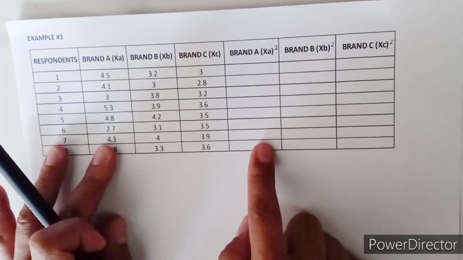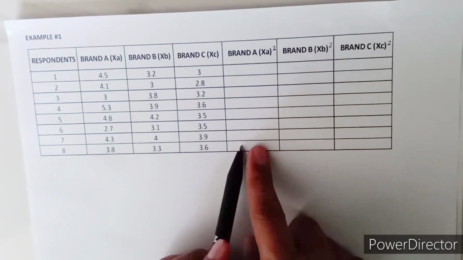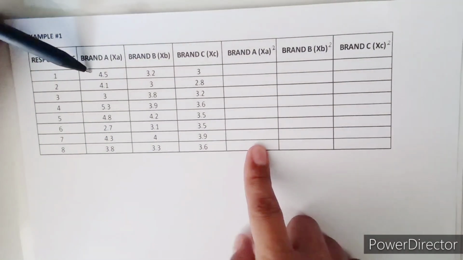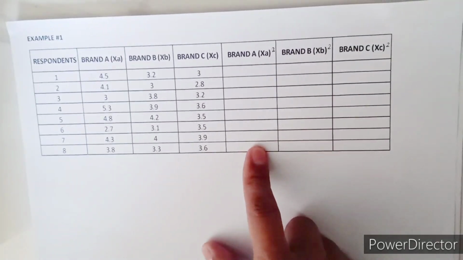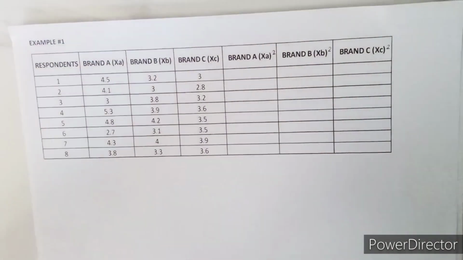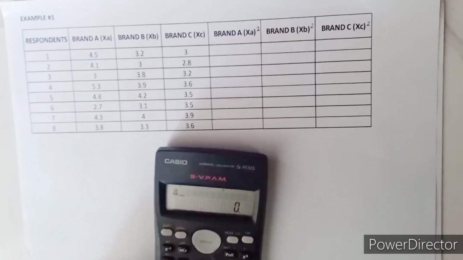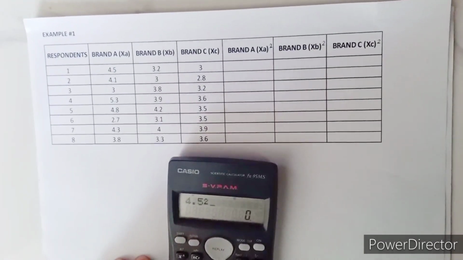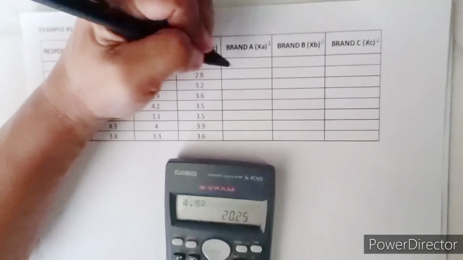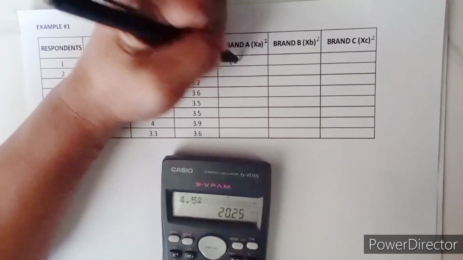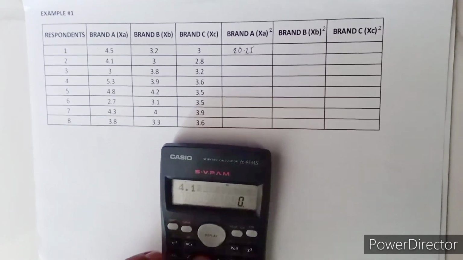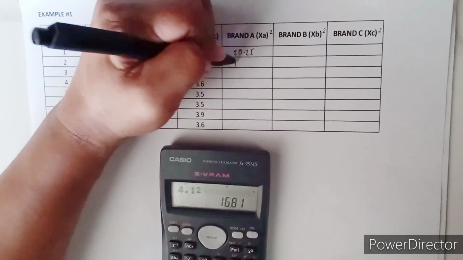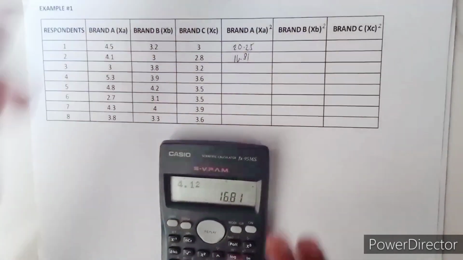Uunahin natin si brand A. Sabi ni brand A dito sa ating fourth column, i-square lang daw natin si respondent 1 to 8. Using naman natin mahiwagang calculator, you have 4.5 squared, equal to 20.25. 4.1 squared is equal to 16.81.